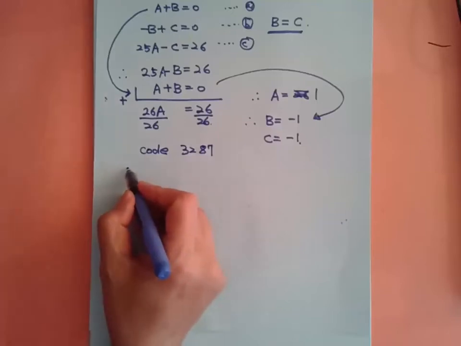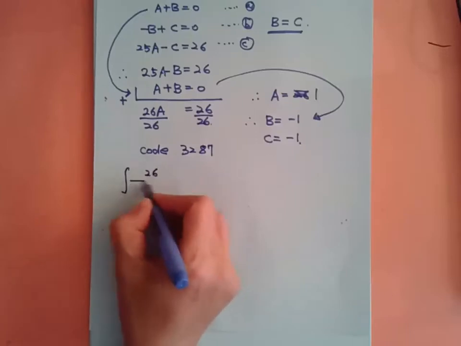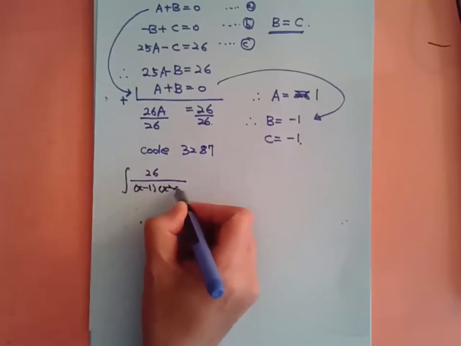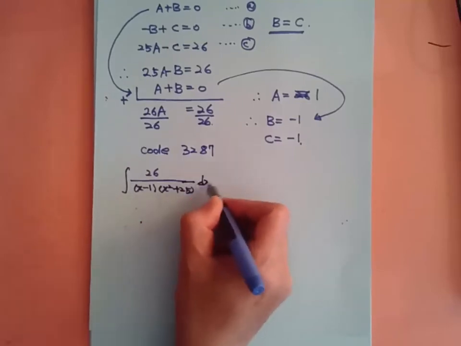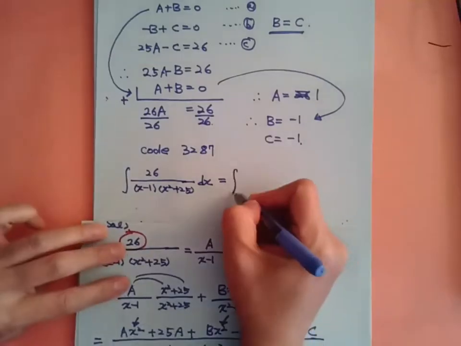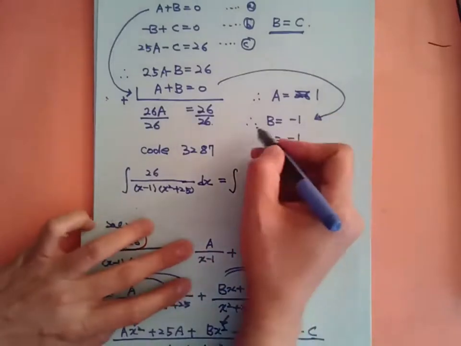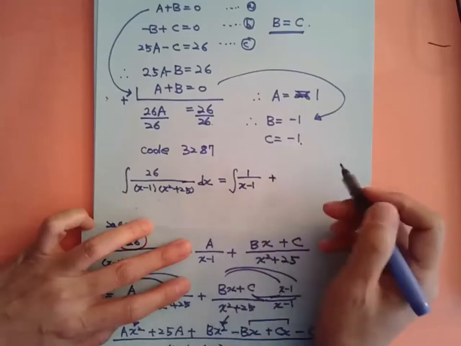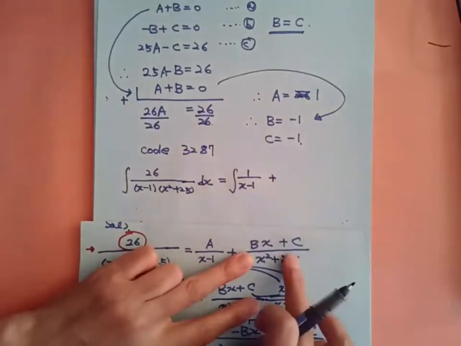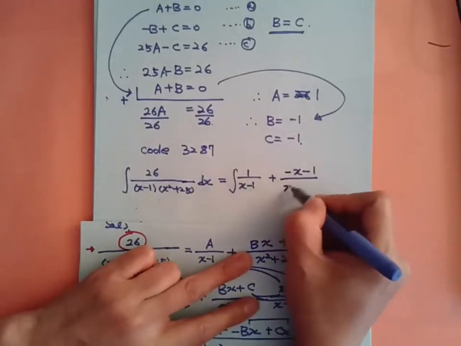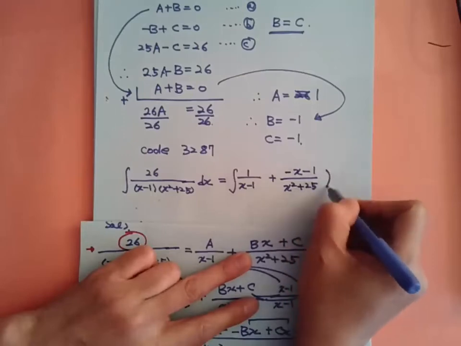So the given integral, 26 over x minus 1 times x squared plus 25 dx, can be written as the integral of, a was 1, so 1 over x minus 1, plus b is minus 1 and c is minus 1, so minus x minus 1 over x squared plus 25 dx, right?